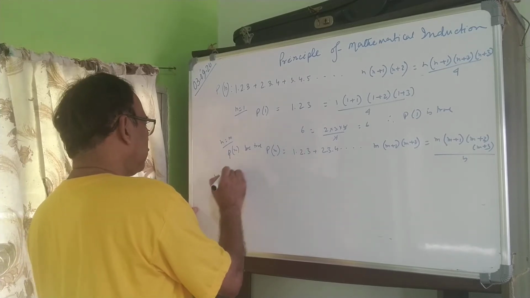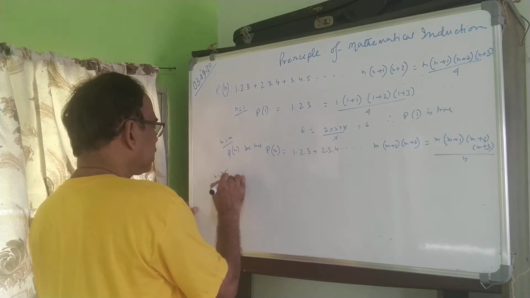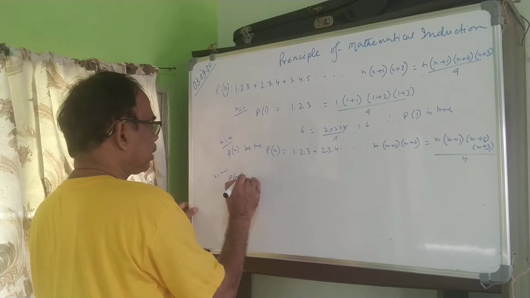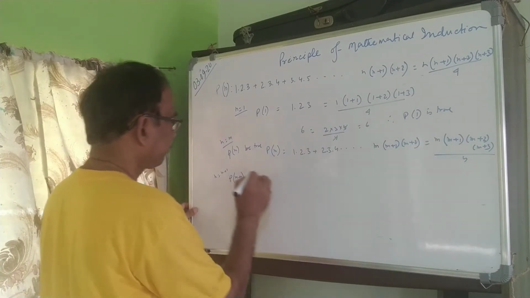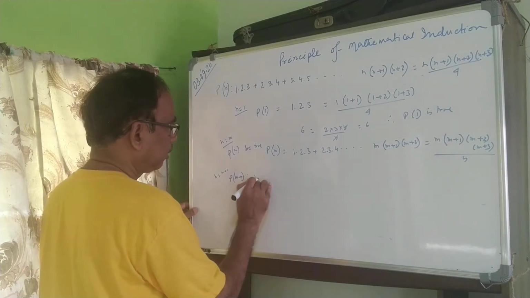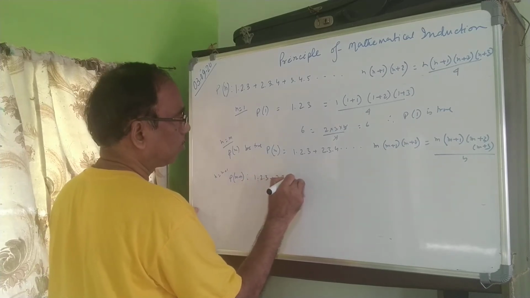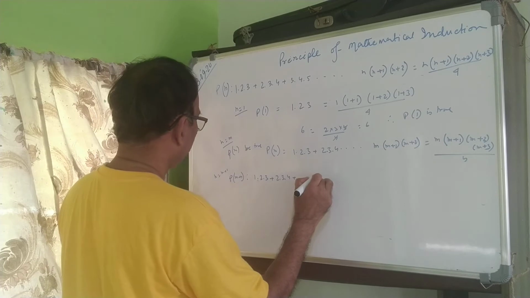Let this be true. Therefore, for n equals m plus 1, we have Pm plus 1 equals 1 into 2 into 3 plus 2 into 3 into 4 and so on.